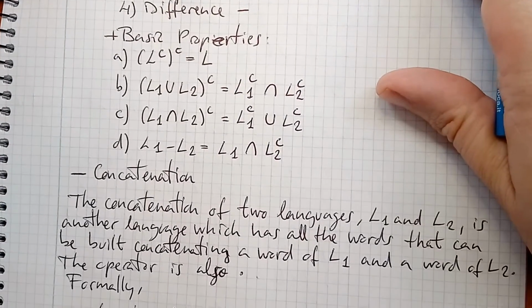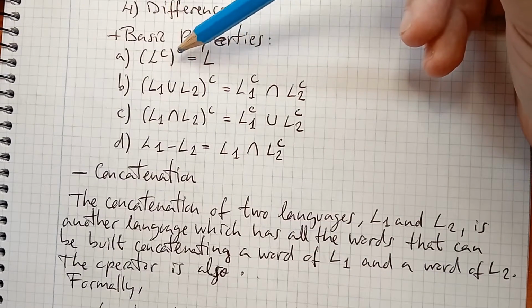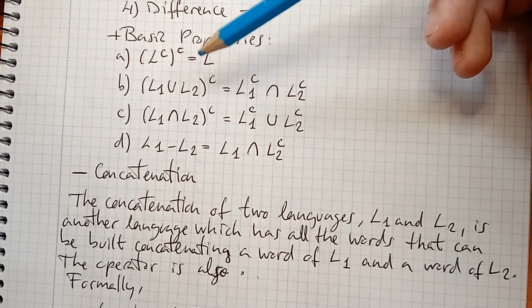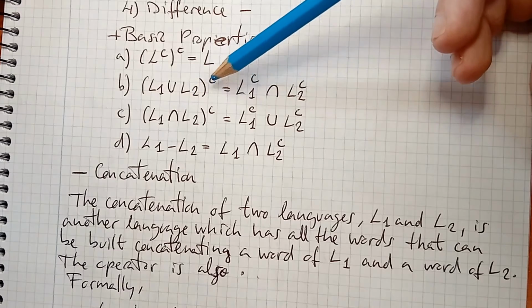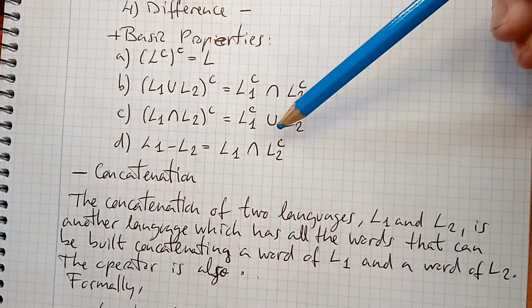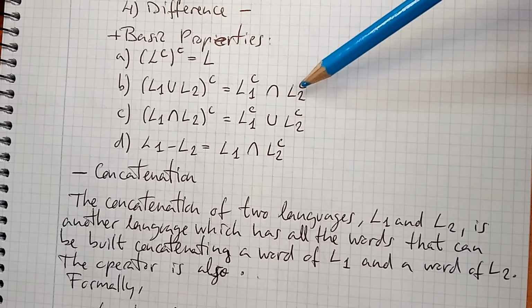The basic properties are: the complement of the complement of a language is the original language. The complement of the union of two languages is equal to the first language complemented intersected with the second language complemented.